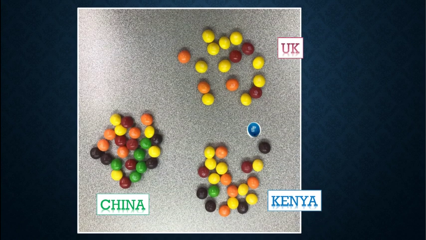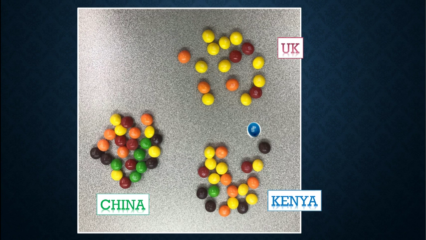Let's use the Skittles example to see how the k-nearest neighbor classification method works. Don't forget that each Skittle represents one document, and there are 3 topics or groups, which are China, UK, and Kenya. The blue Skittle represents the test case.